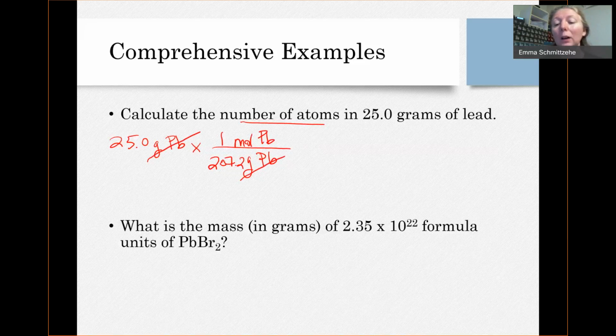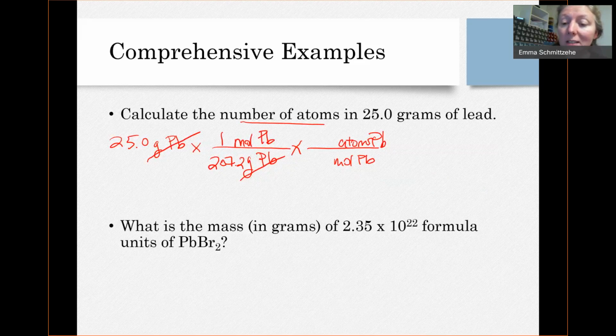And now I want atoms. And so I want to go from the moles that I have, I want to cancel that, and I want to go to atoms of lead. And then the question is, can we do that? And the answer is yes, because atoms are particles and we can relate moles and atoms using Avogadro's number.